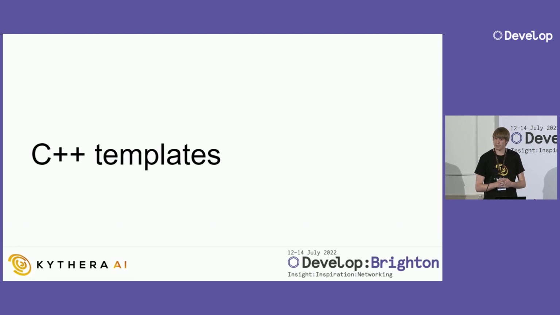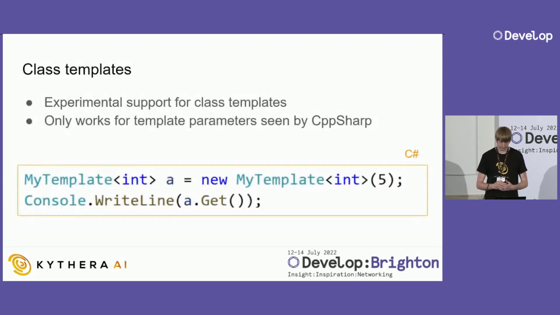C++ templates, another interesting feature. You have generics in C#, but it's really not the same thing. Let's look at class templates first. There is experimental support in CppSharp for those, and you can see the code below. Again, it looks very native.